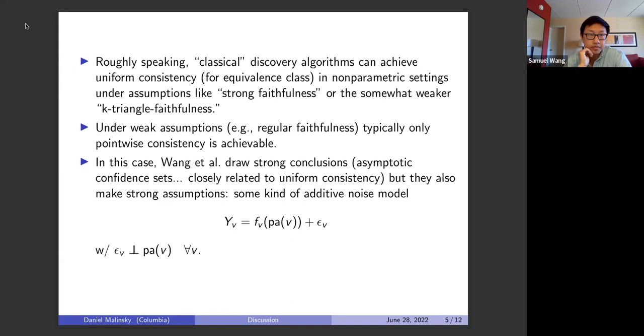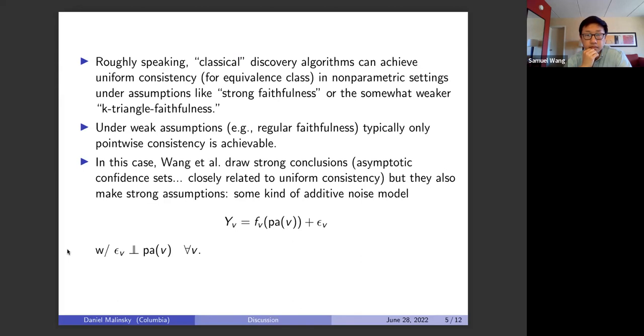And to roughly summarize what goes on in this literature, we can achieve uniform consistency guarantees for estimating the equivalence class in non-parametric settings when we make strong assumptions like what's called strong faithfulness, or the somewhat weaker assumption called K-triangle faithfulness.